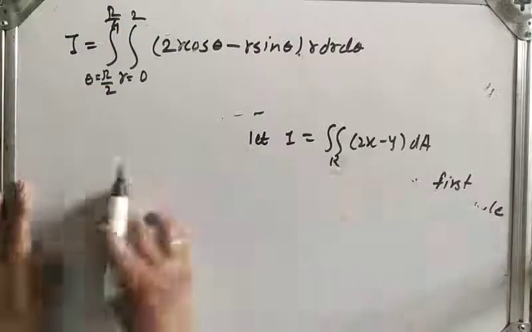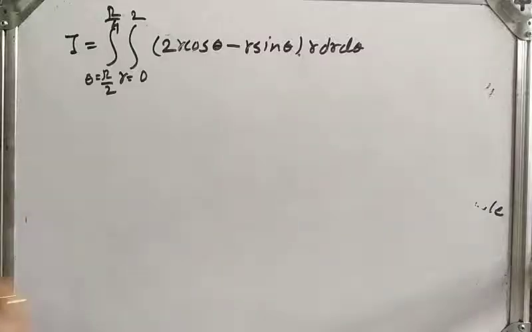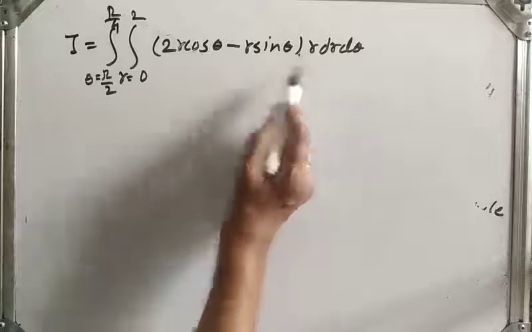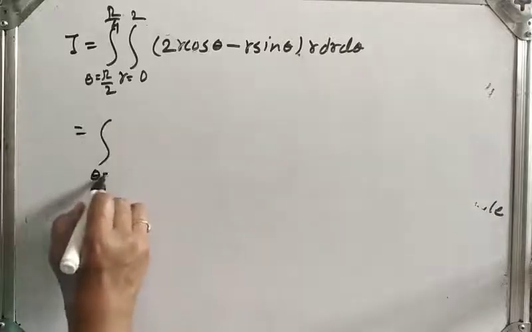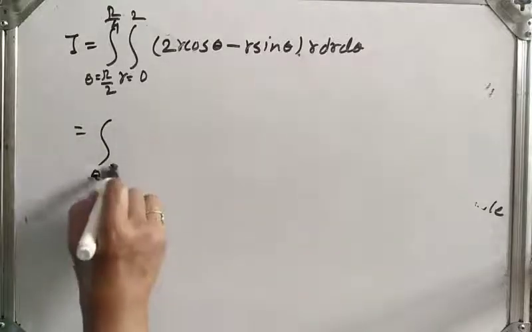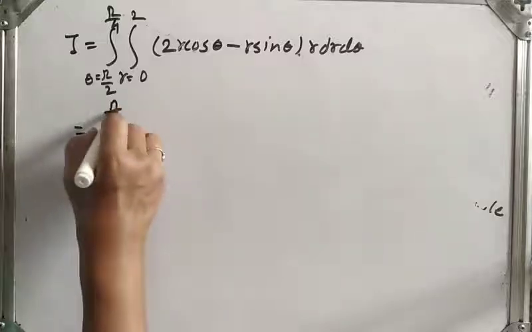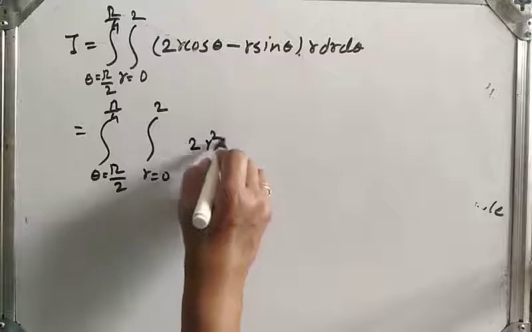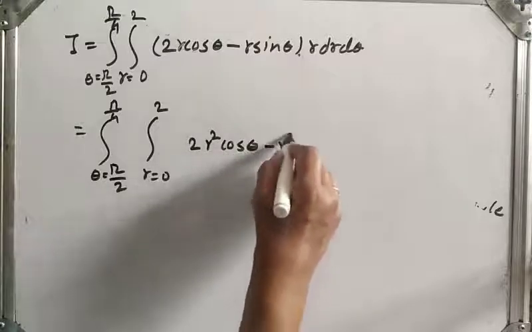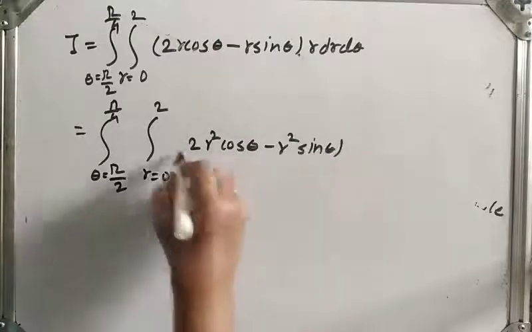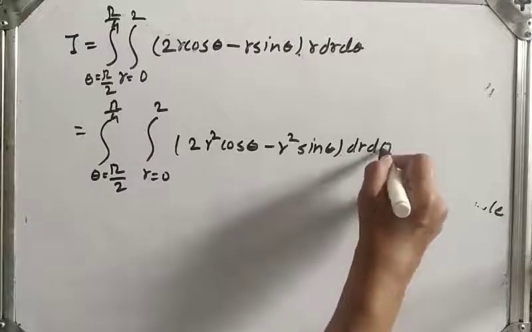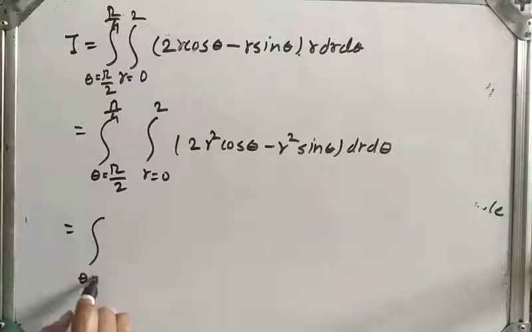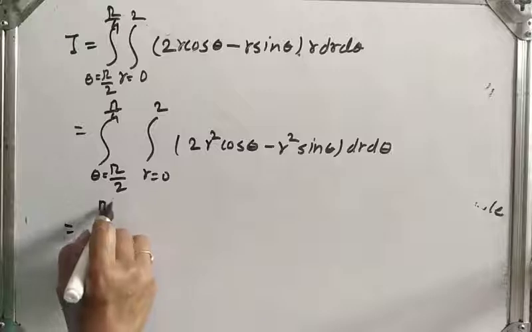Now let us solve this integral. First integrate with respect to r. So first multiply this r into the bracket: the integral over theta from pi by 2 to pi by 4, r from 0 to 2, of 2 r square cos theta minus r square sin theta dr d theta.